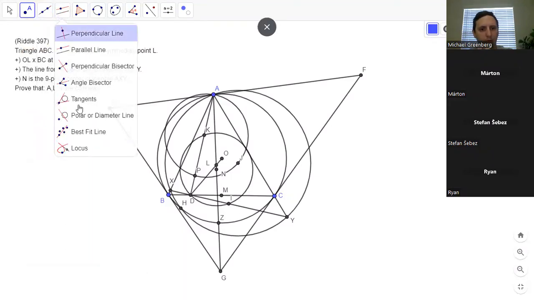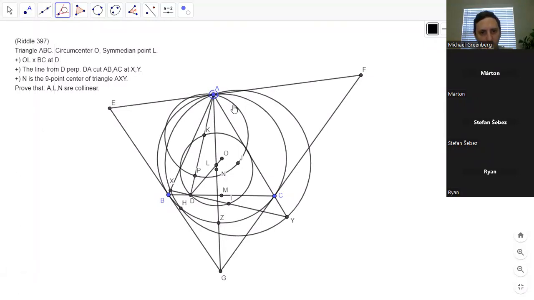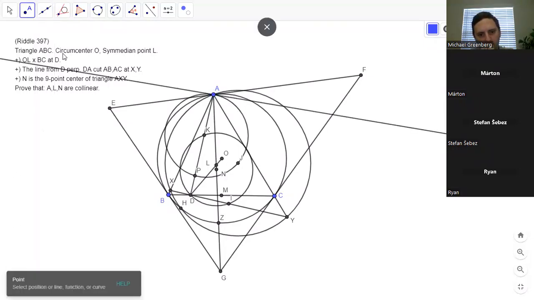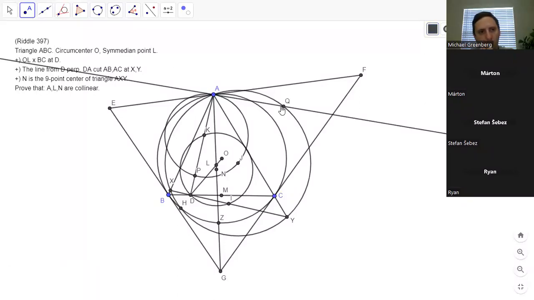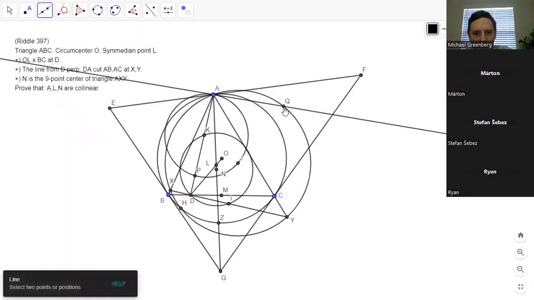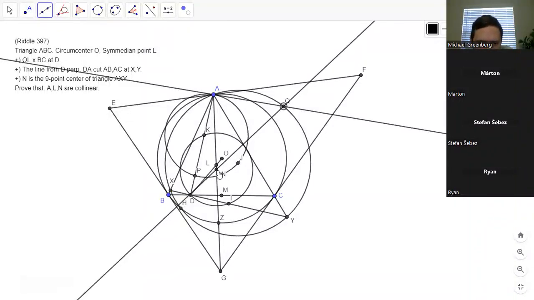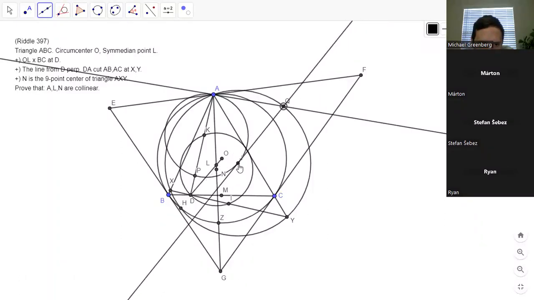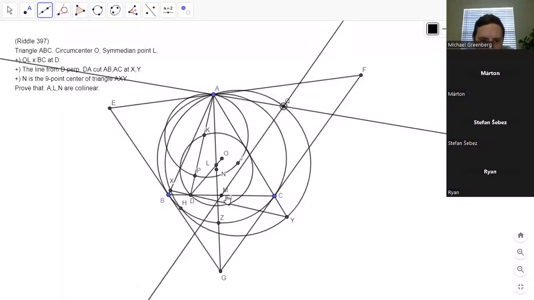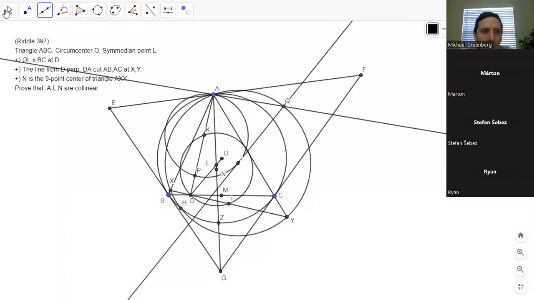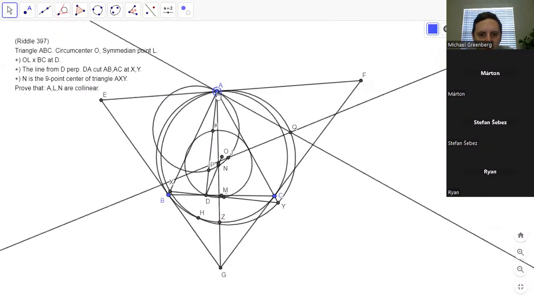So I'll draw that tangent to APJ, and I want to see where it meets this circle. Is there anything special about point Q? Maybe is QJ really tangent to that circle? There's a lot of things that look almost true. Let's see. No, it's not.